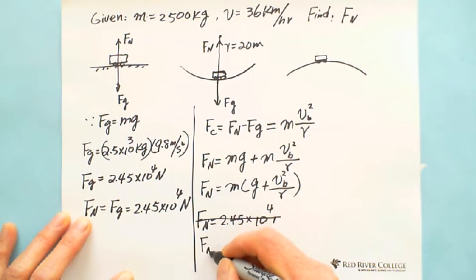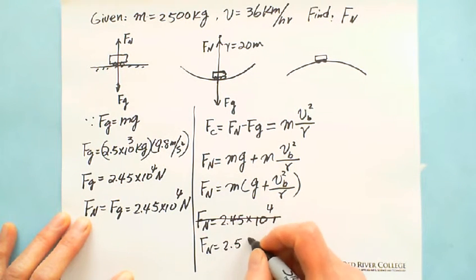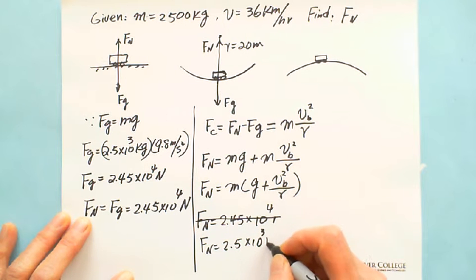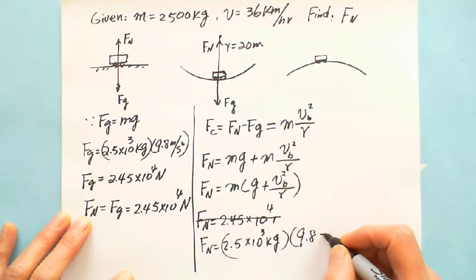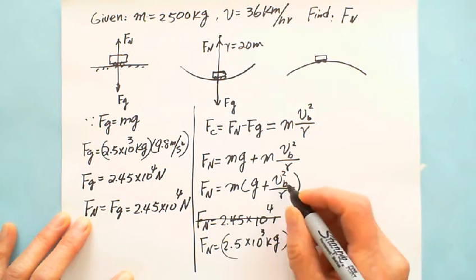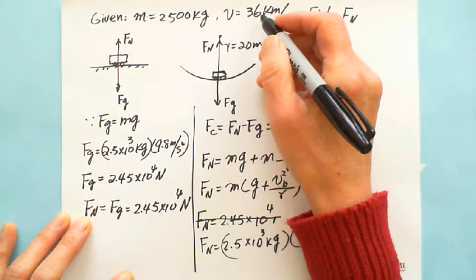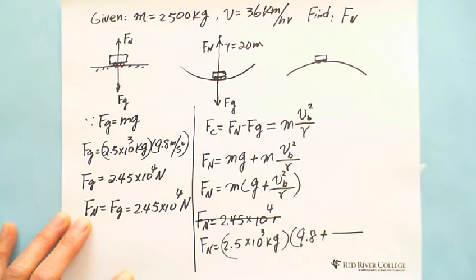So the normal force equals m, which is 2.5 times 10 to the 3 kilograms, multiplied by 9.8 plus v squared.